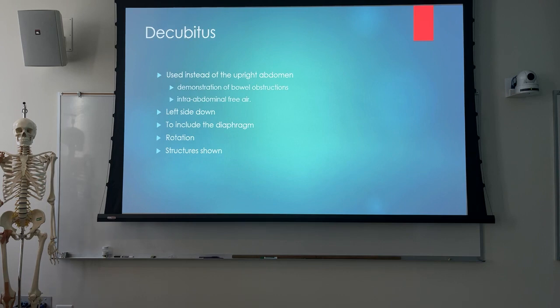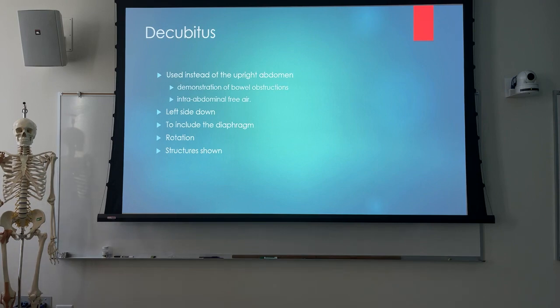If you didn't include the diaphragms and the free air was just below the right diaphragm, then potentially you can miss it. So rotation is going to be the same.